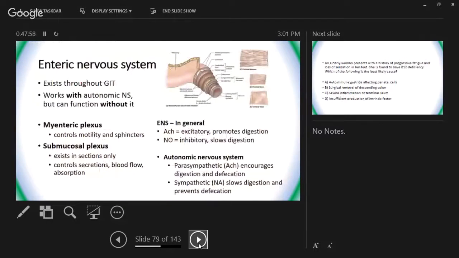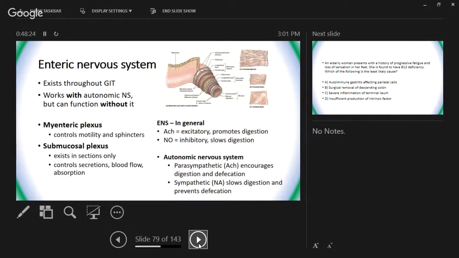Cool. Enteric nervous system. It can work independently of the central nervous system. It's got two components, the myenteric component and the submucosal component. Myenteric controls motility and sphincters, whereas submucosal controls secretions as well as blood flow and absorption.